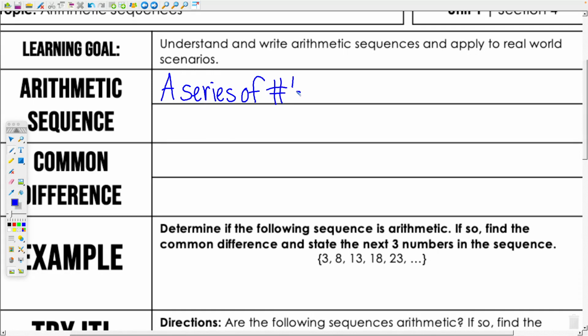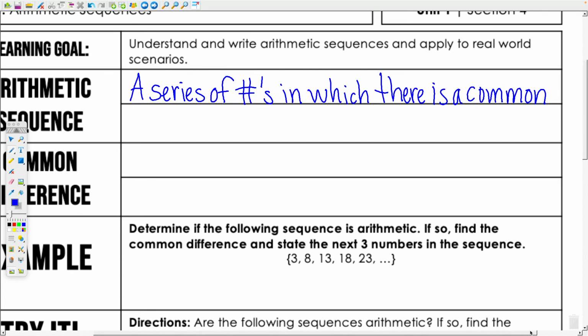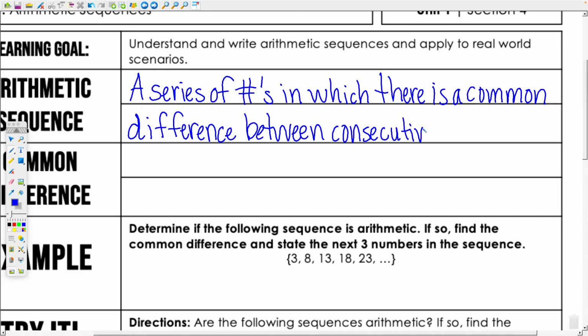How about I abbreviate that, numbers like this, in which there is a common difference between consecutive numbers.